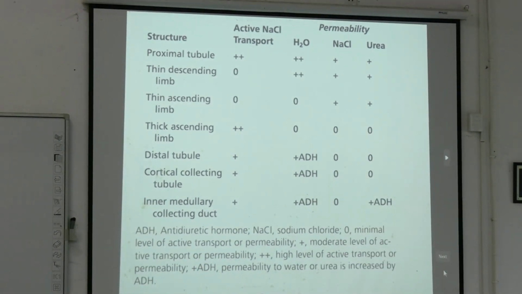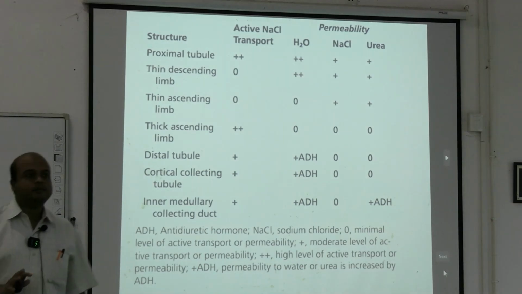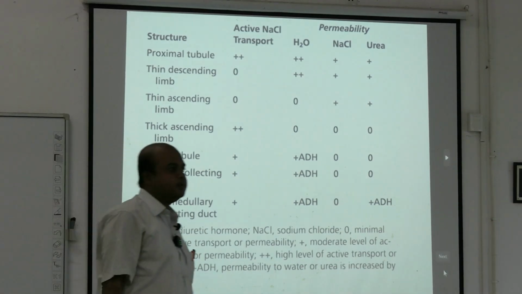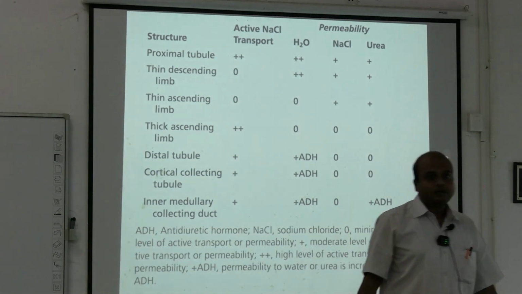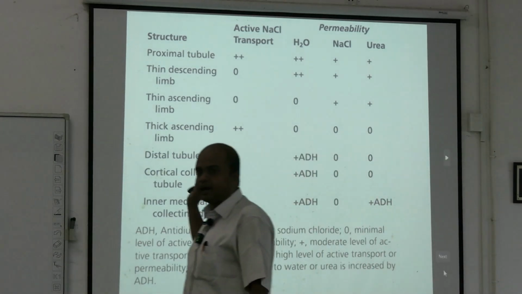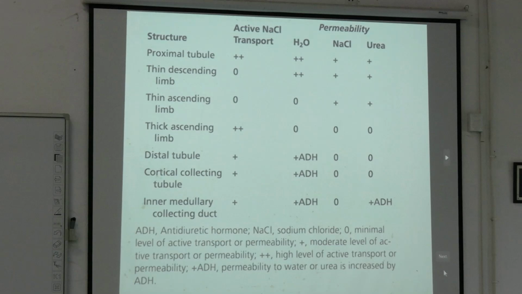Permeability means diffusion, maybe simple, maybe facilitated. The permeability of the cells in the thick ascending limb is practically zero. That means neither water nor solutes are being transported there.